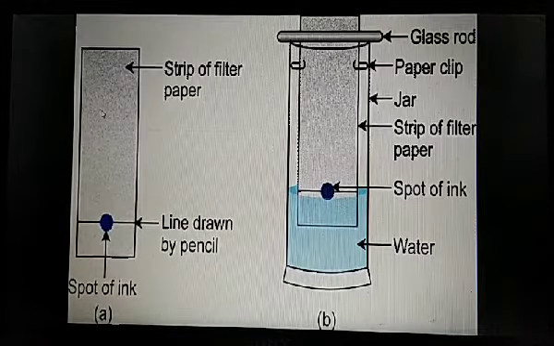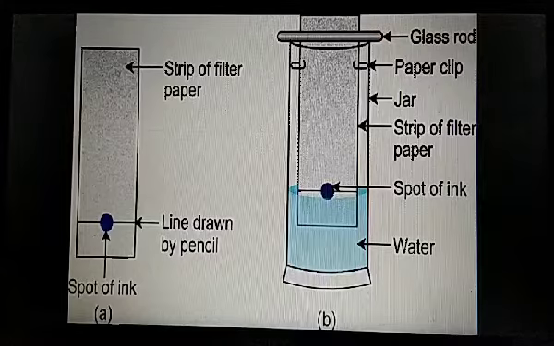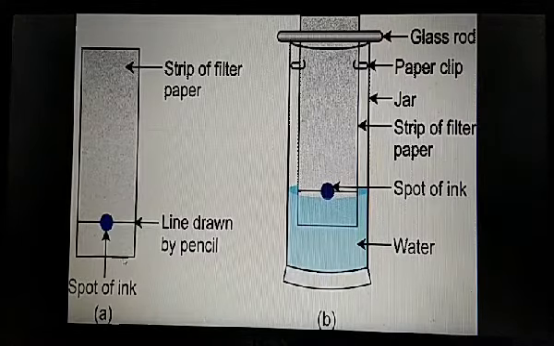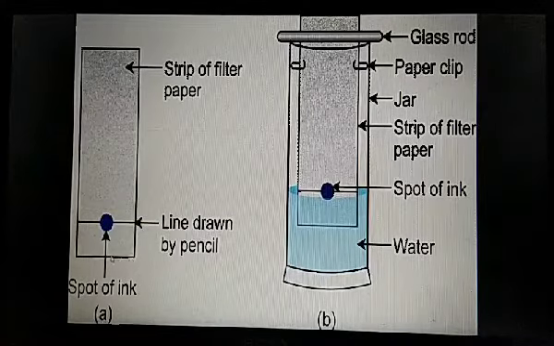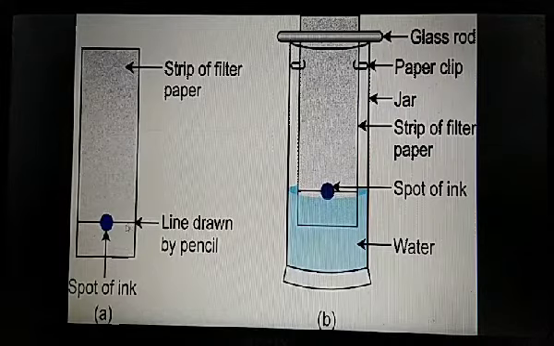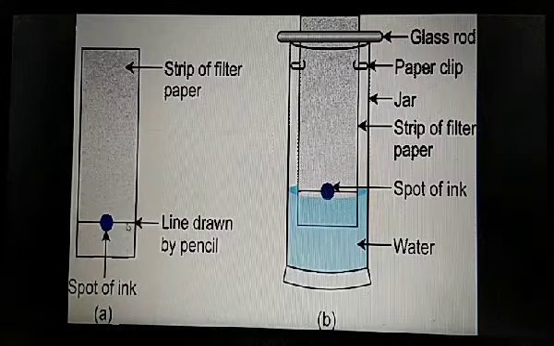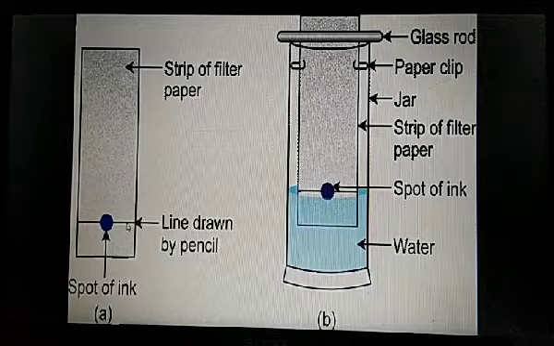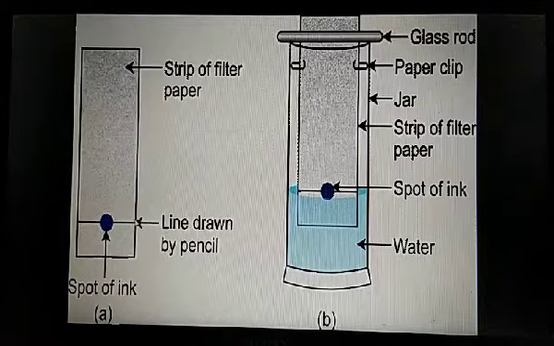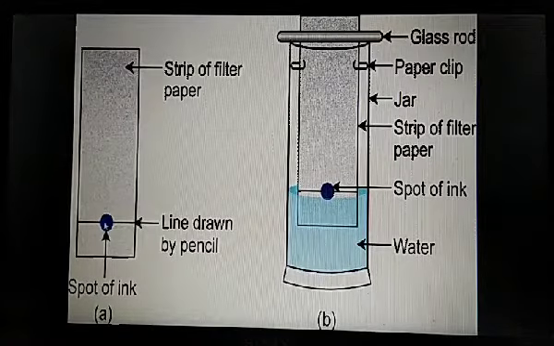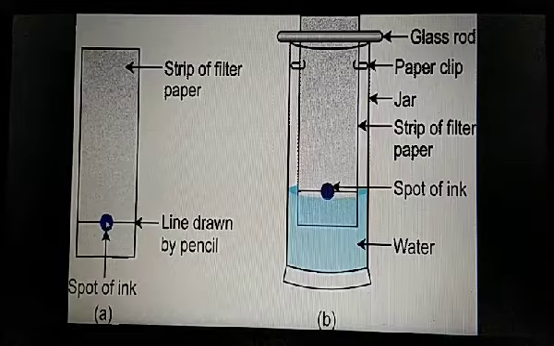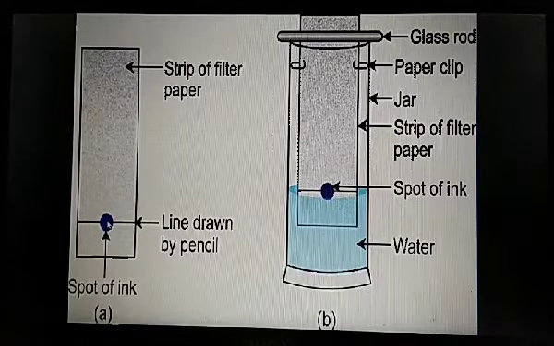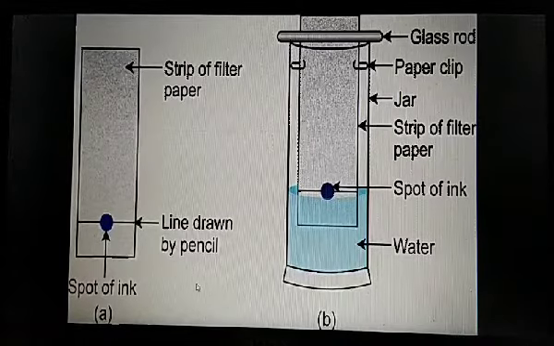First of all, we'll take a strip of filter paper, and from the bottom line measure around 2 to 3 centimeters with the help of your scale and mark a line like this. Now at the center of this line put a dot here.